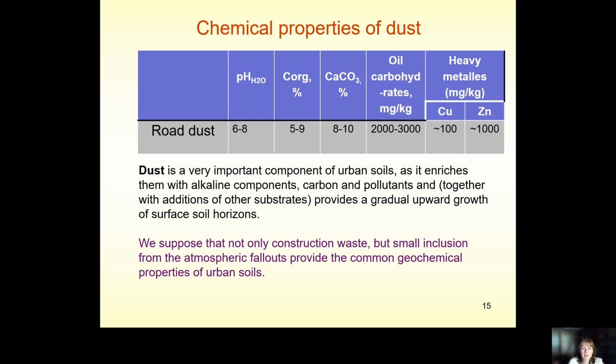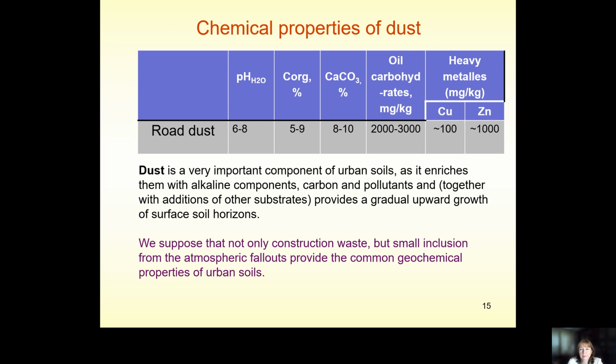Dust is very important for urban soils as it enriches them with alkaline components, carbon and pollutants.